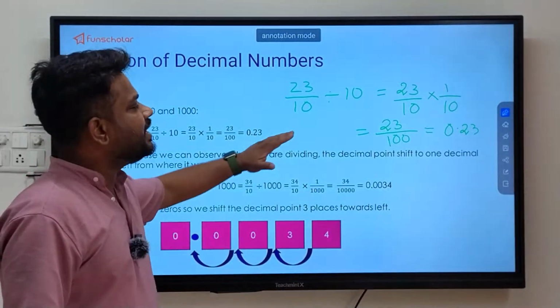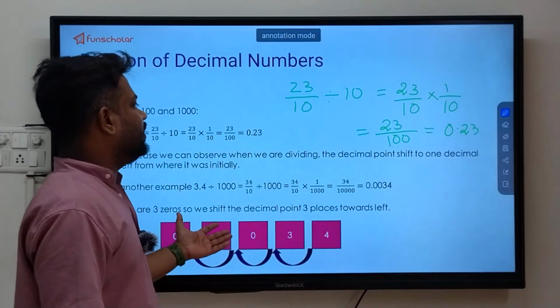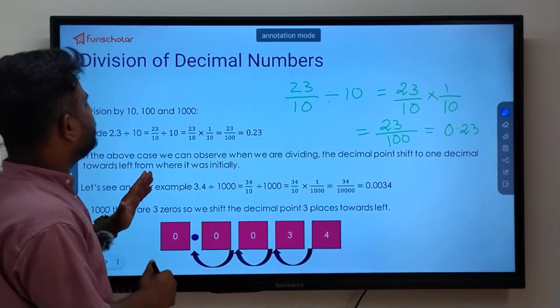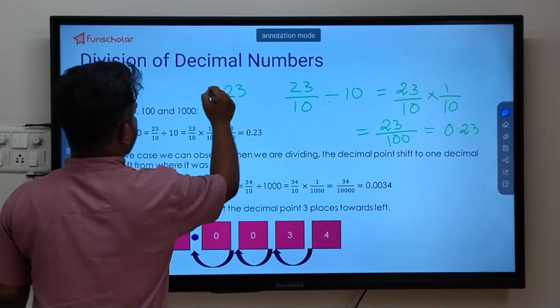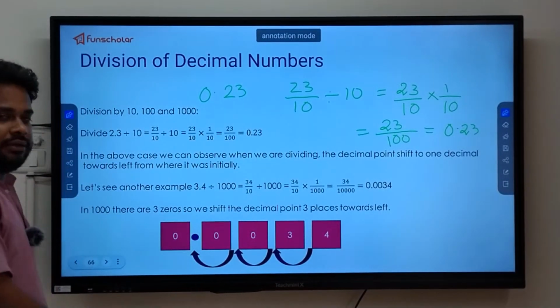Okay, so this one is a little laborious way to do it, but you can also do this by just placing the point 1 digit earlier.